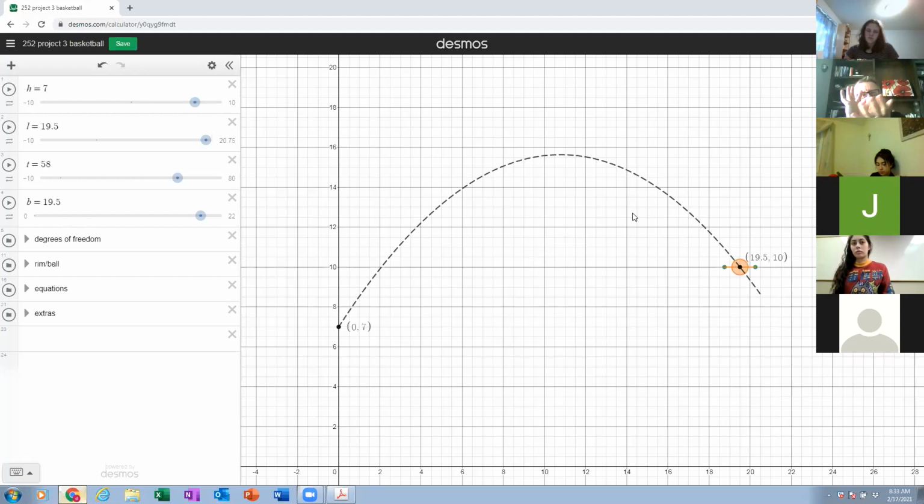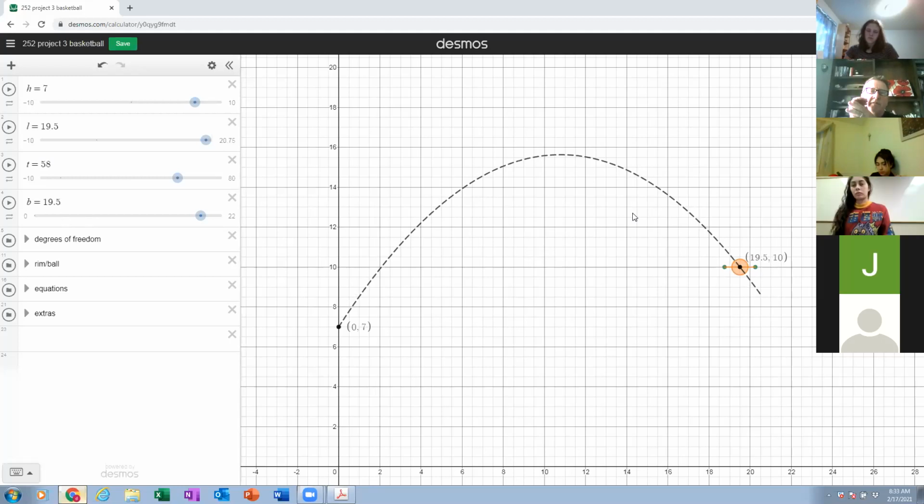So you're not actually going to pull it off, right? You're not actually going to shoot at 58 degrees. But the question is, how many degrees of freedom do you have? Do you have 1 degree of freedom? Which means as long as you shoot it from 58, well, down to 57 or up to 59. In other words, if you shoot anywhere from 57 to 59, you have 1 degree of freedom, then you'll still make it. Does it make sense?